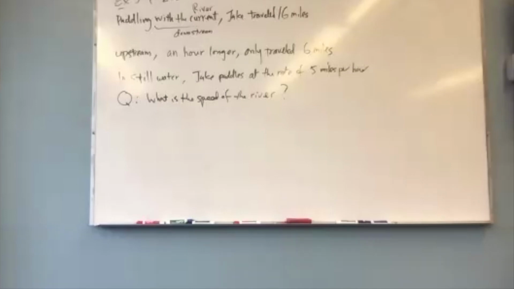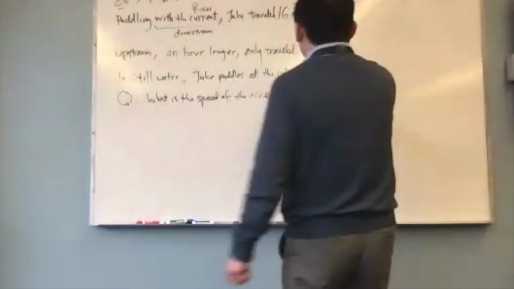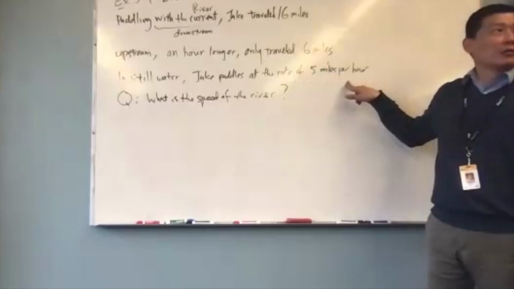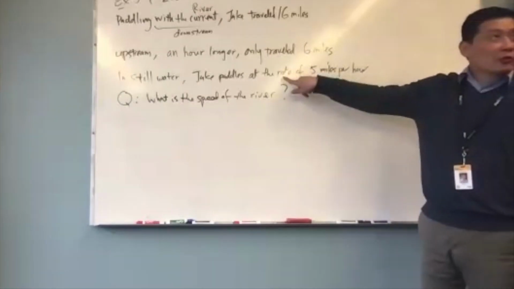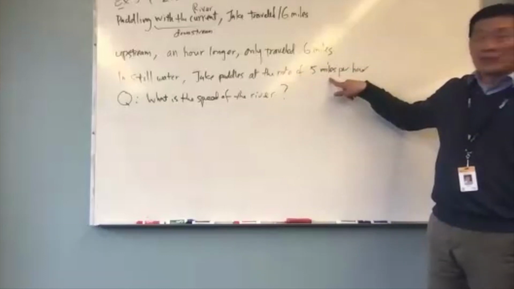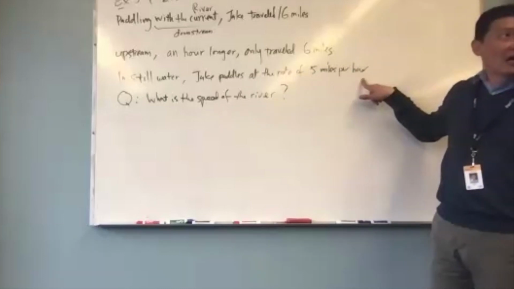First thing we need to think about is the definition for the rate of change, the rate of the speed. In physics, you might study this. He paddles at a speed of 5 miles per hour. So speed, which is the rate, is 5 miles, which is a distance over time.